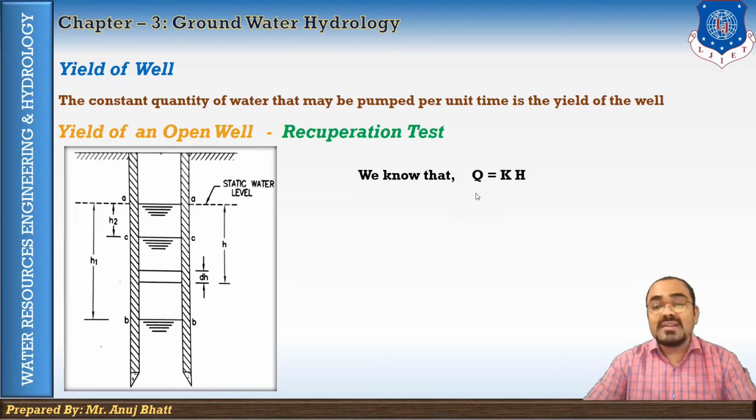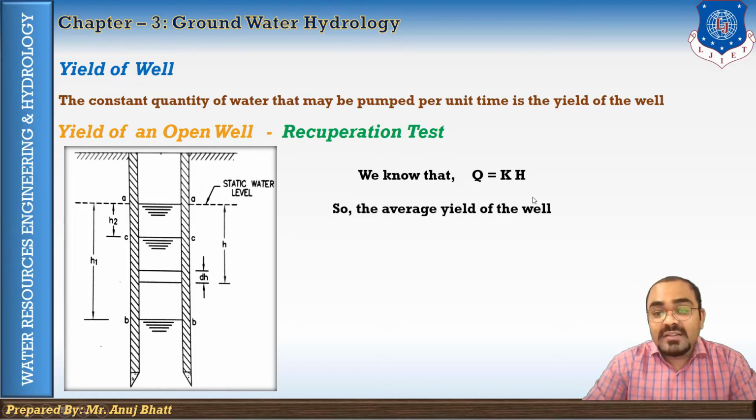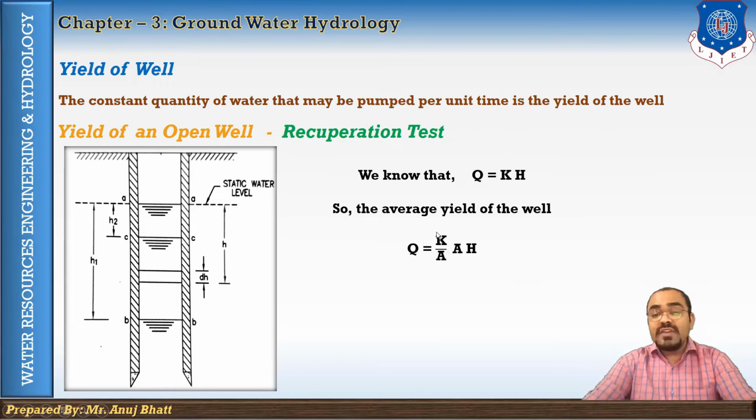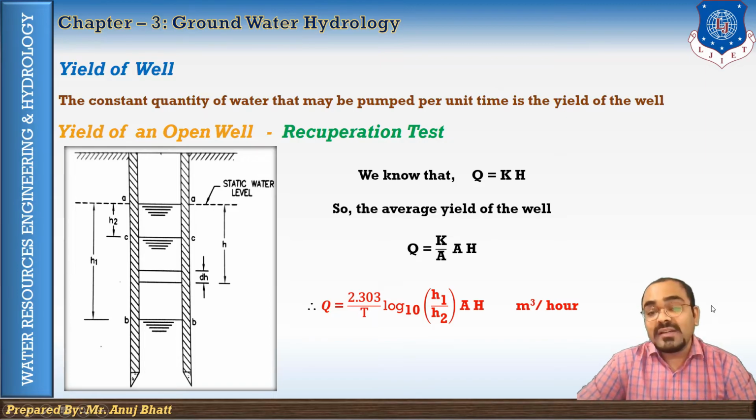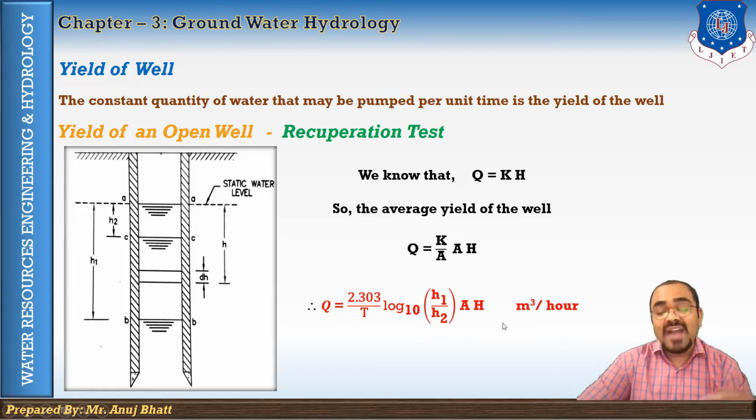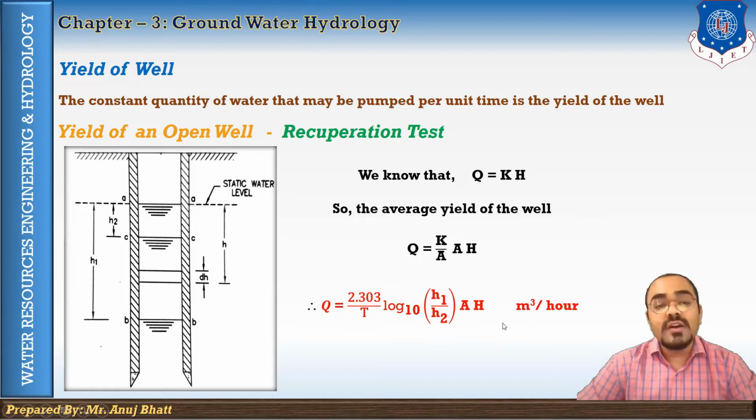So let's multiply and divide this equation by A. Now here we have the value of Q, that is 2.303 by T log10 H1 by H2 into A into H. So this is the final discharge value we get from the recuperation test, and this discharge value is known as the average yield of the well.